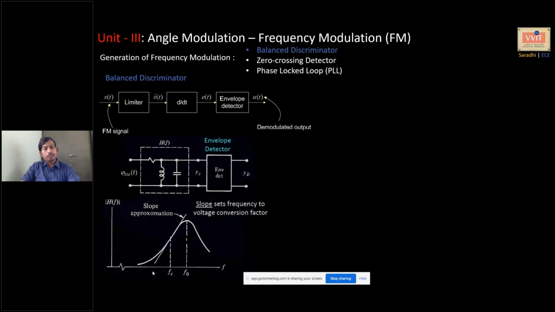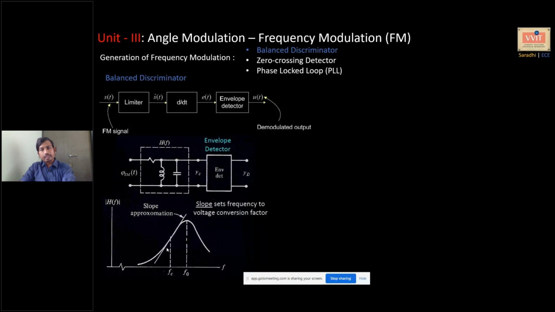It is both, because we have frequency components on both sides of the carrier frequency in the spectrum of FM, right? So there is a very limited range of frequency operation like this. Over this range of frequencies only it can be operated, but we want to enhance this range of frequencies over which the envelope detector can be operated.